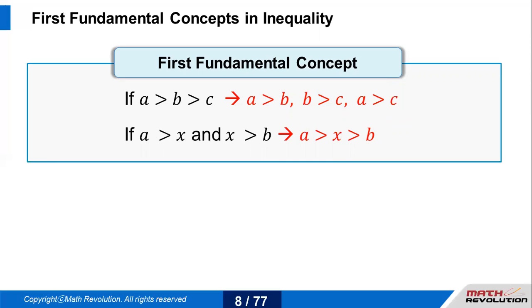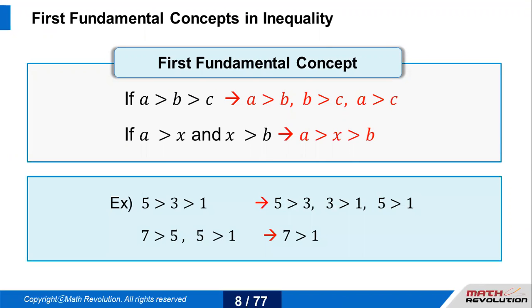So always break it. And if it says A is greater than X and X is greater than B, always combine it: A is greater than X, which is greater than B. These are the two things I want to start with. If you see an inequality like A greater than B greater than C, break it. If you see the broken parts, combine them. You will definitely reach the options or the solution quickly.